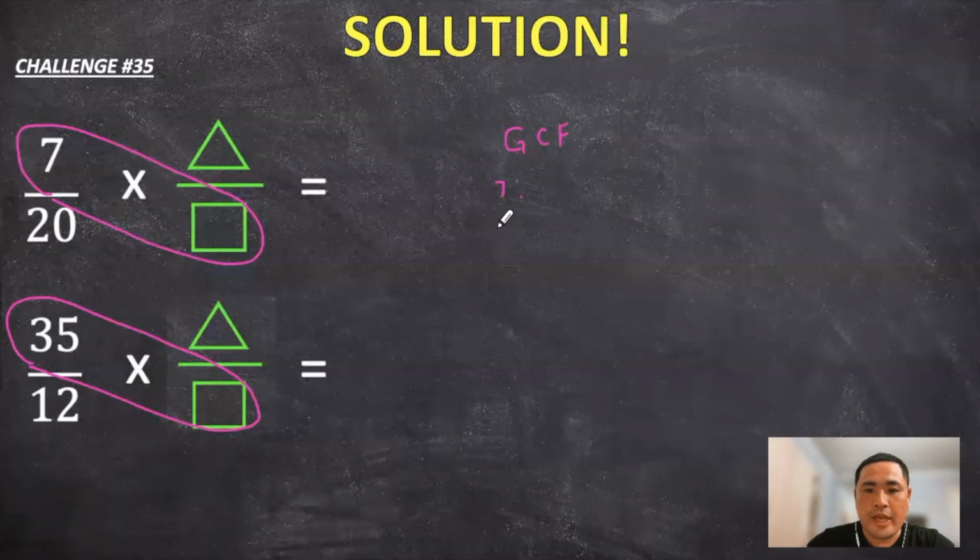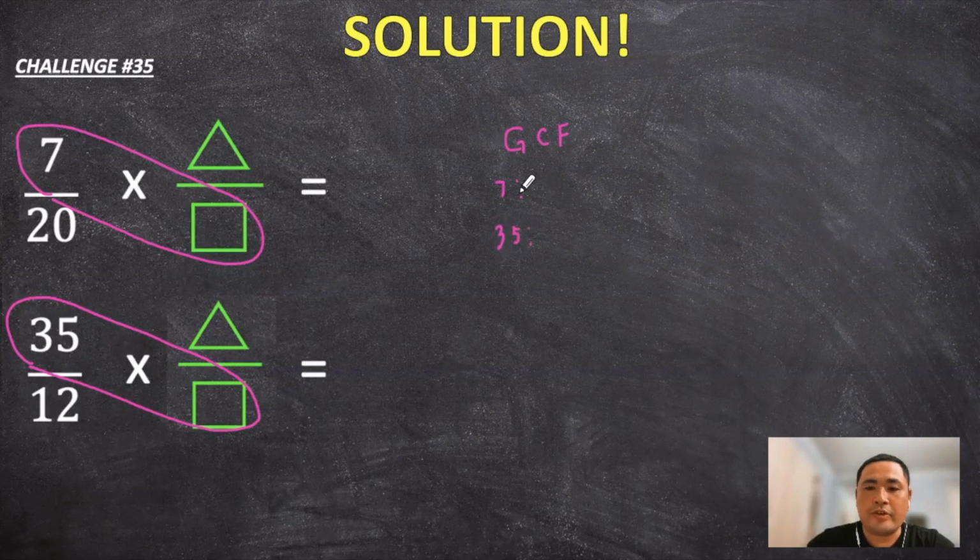So just to recap on GCF, I'm going to list it out. The factors of 7 would be 1 and 7, because that's just a prime number. And 35 would be 1, 5, or 7. So the GCF between 7 and 35 is just 7.